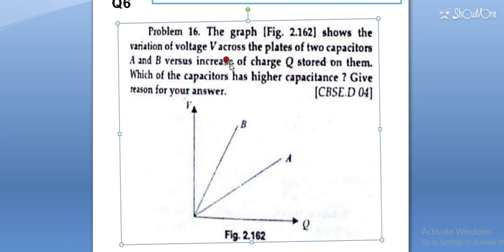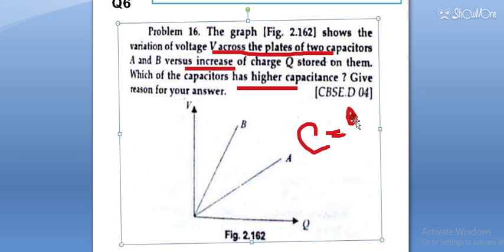The graph shows the variation of voltage across the plates of two capacitors A and B versus the charge Q. Which of the capacitors has higher capacitance? Okay, C is equal to Q by V. So if I take the voltage constant, then the capacitance is directly proportional to charge.